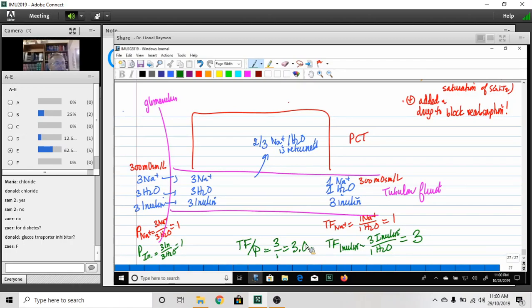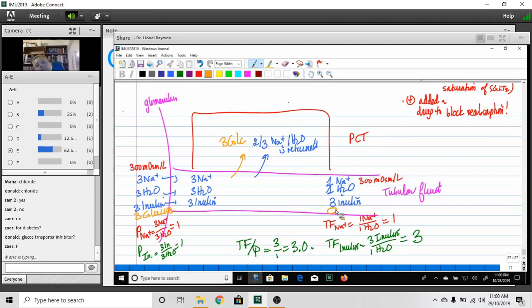Well, if now I have 3 glucose, and normally all 3 glucoses would be gone, there would be 0 glucose because of SGLT2.